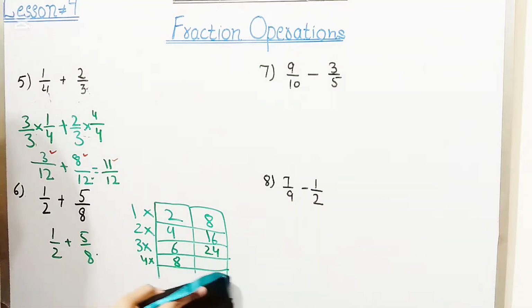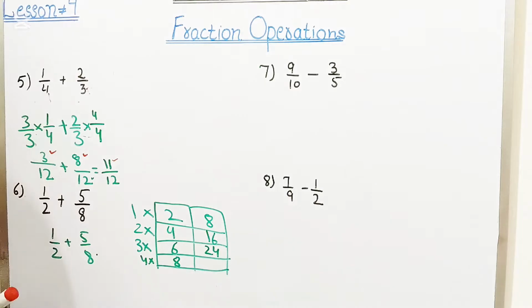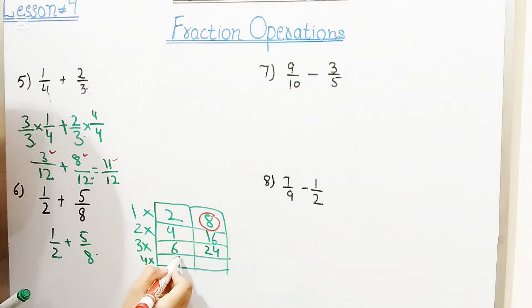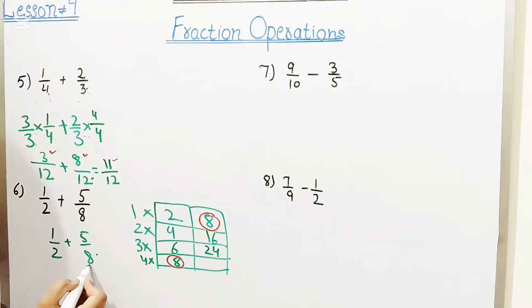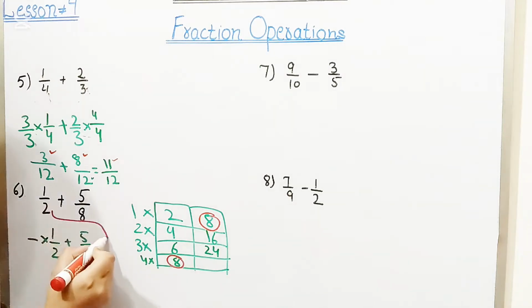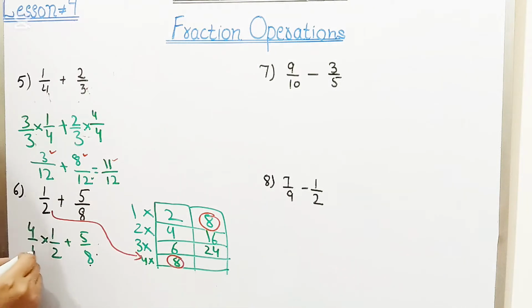Now we finish them. We find the same denominator, 8. We write it as this. We multiply 1 over 2 with 4. 4 1s are 4, 4 2s are 8, plus 5/8.